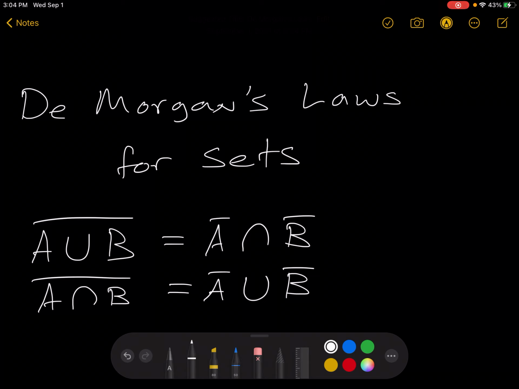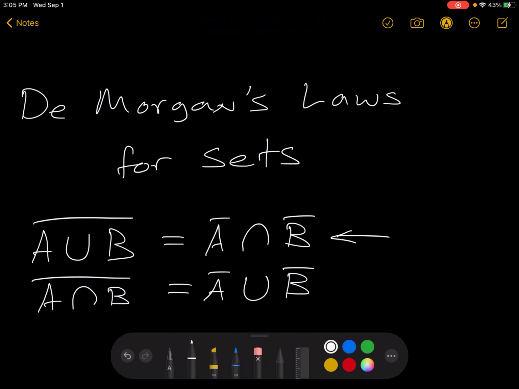Now, in this video, I want to show you why they're true, and I'm actually going to show you why this one's true. The other one is true for exactly the same reasons. You might be saying, well, why do they call these De Morgan's laws for sets? Well, these really just follow from De Morgan's laws.